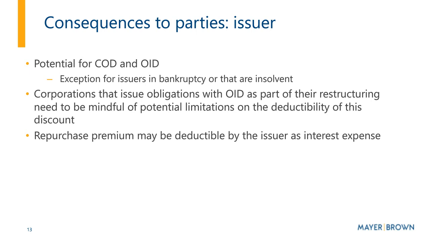net present value calculation. It was especially powerful in 2017 when the corporate tax rate was still 35%, right before it went down to 21% under the Trump tax reform. Because had you done a repurchase premium transaction back then, you got a deduction at 35%, and then income inclusions at 21% over time.